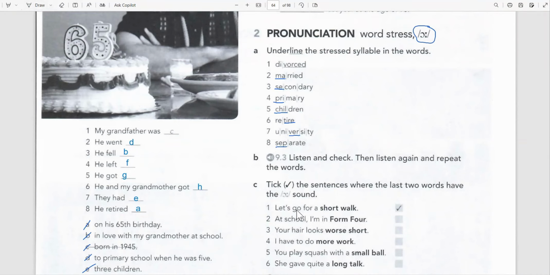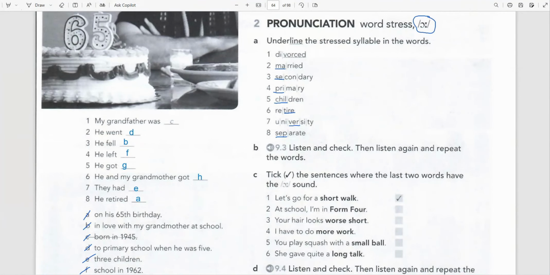I'm going to play 9.3 audio and see how it goes. 9.3. 9C.